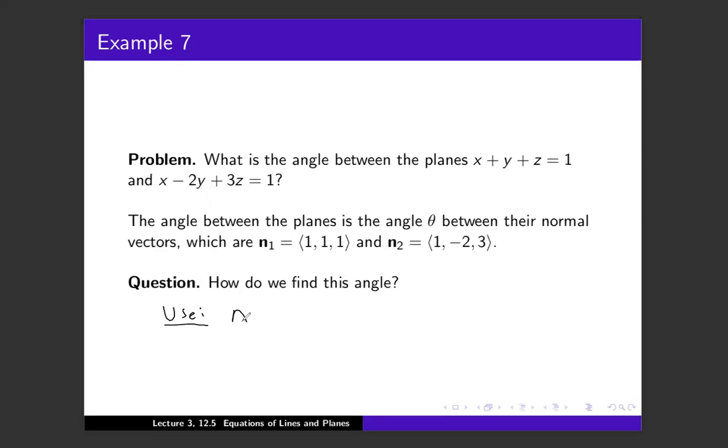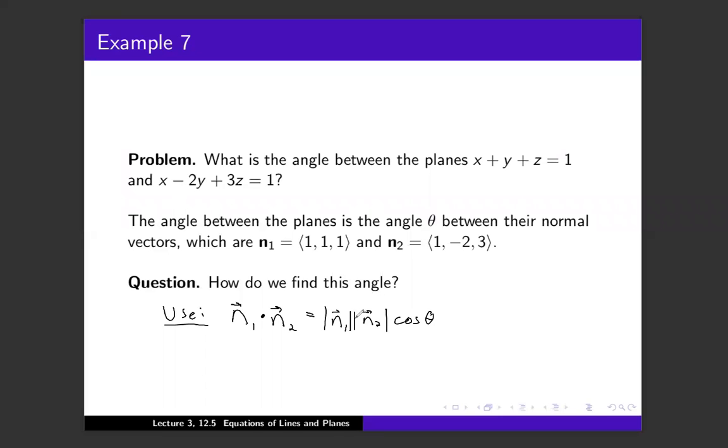We're going to use the formula that says that n1 dotted with n2 is the magnitude of n1 and n2 times cosine of the angle between them.